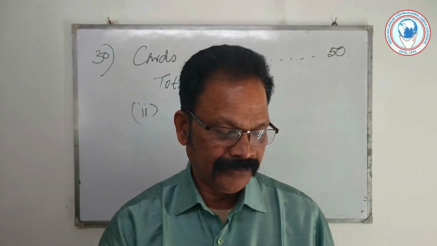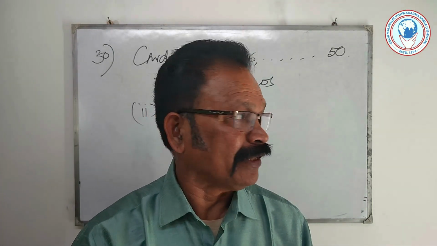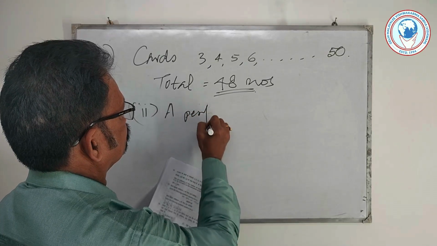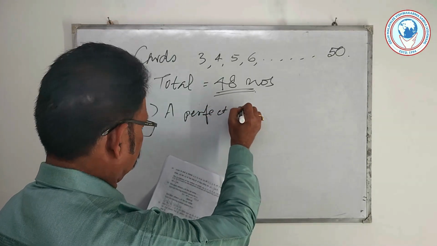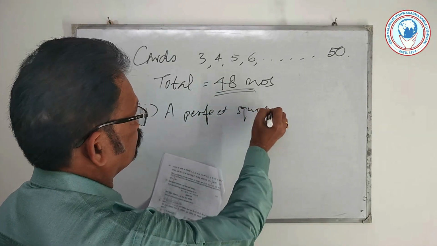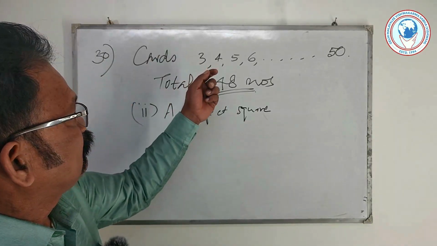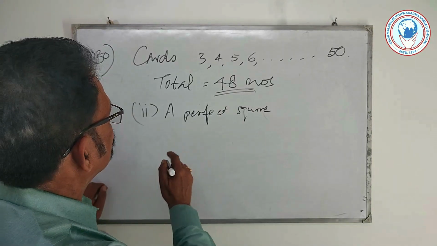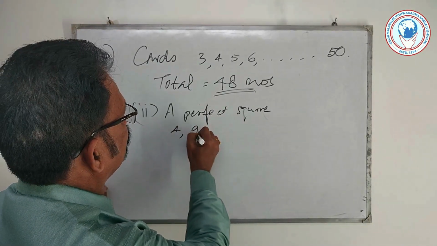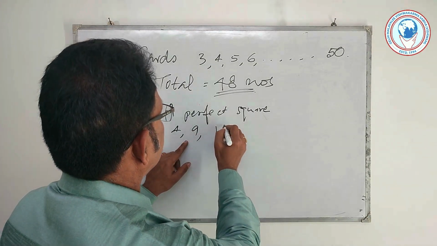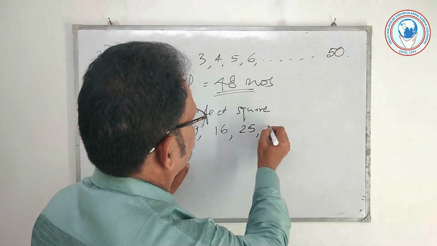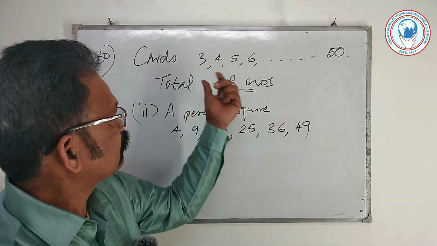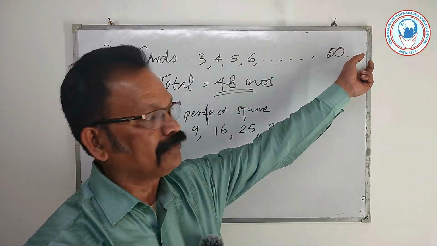Now, probability of a number which is a perfect square. See what the perfect squares are among 3, 4, 5, 6, etc. First we see 4, 9, 16, 25, 36 and 49. These are the perfect squares out of 3, 4, 5, 6, etc. up to 50.